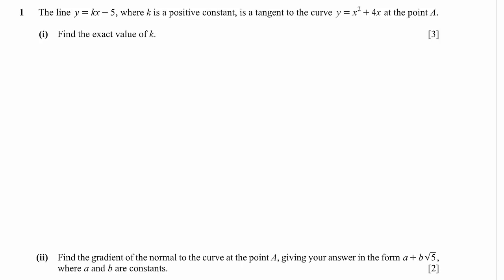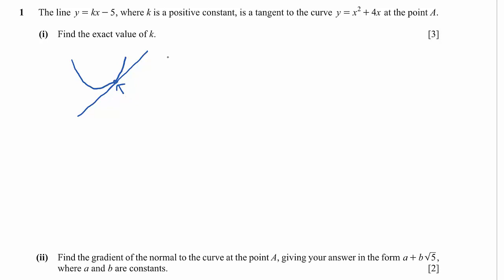So we've got x squared plus 4x like this, and then kx minus 5 would be a straight line, and it must just touch. So the first thing is that they must intersect, but then they're just going to touch at this one point.